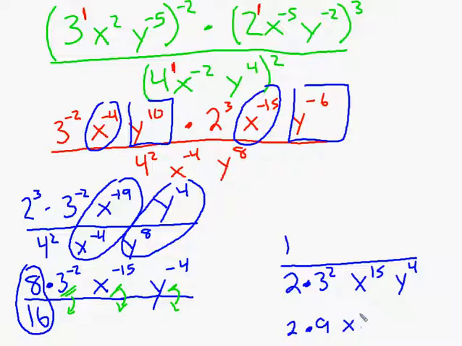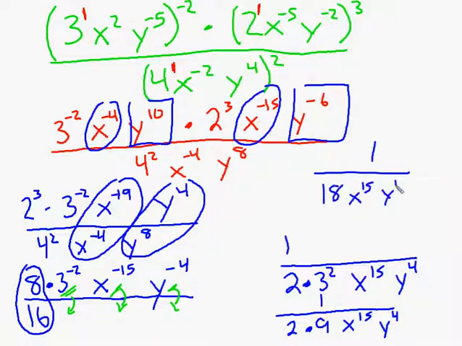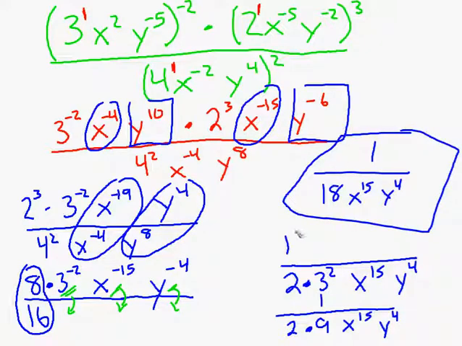Order of operations, do your exponents first. Okay? And final step. 1 over, I ran out of room. 18, x to the 15, y to the 4th. Boom. Final answer. See, now it's a lot of little steps.